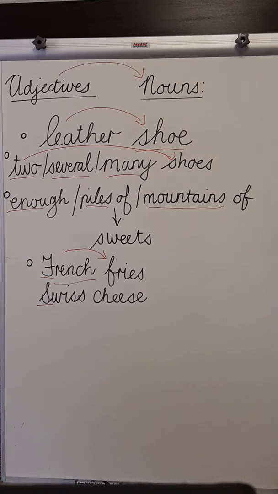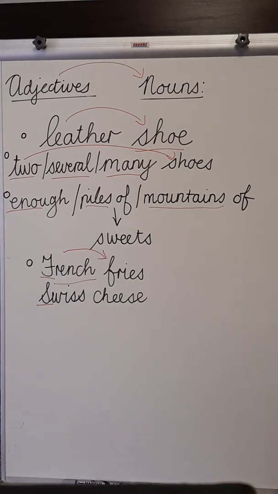All of these words are adjectives that give you more information about that specific noun, and in this case, the shoe. In grade 4, you learned about a descriptive adjective, which is the normal adjective that you've learned about since grade 2 already, that describes the noun like leather shoe.